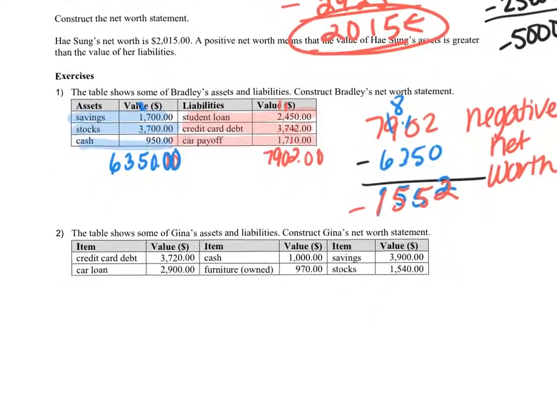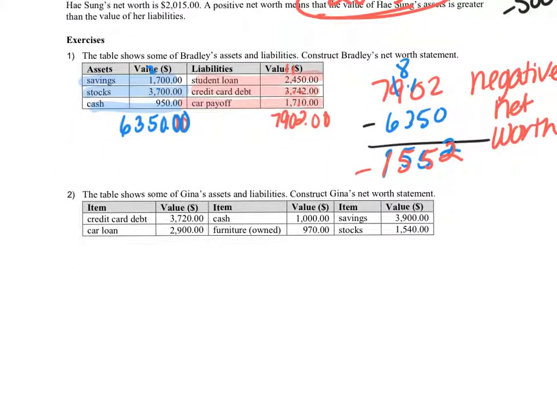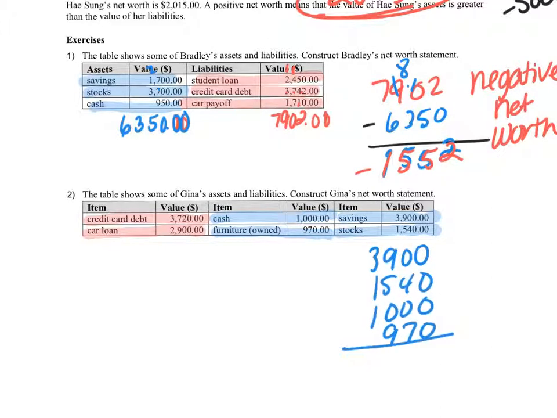Okay, so look at the other one, Gina's. Gina's is not separated. Okay, so credit card debt is a liability. Car loan is a liability. Cash, asset. Furniture owned, asset. Savings, asset. Stocks, an asset. Stocks and bonds are kind of like a savings in a different way, okay? So we're going to add those up. We're going to say 3,900, 1,540, 1,000, and 970.